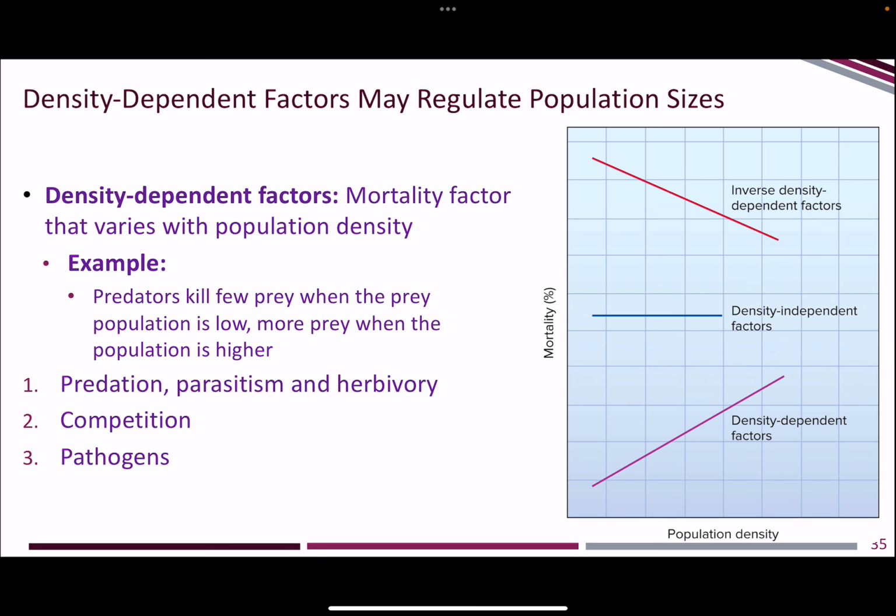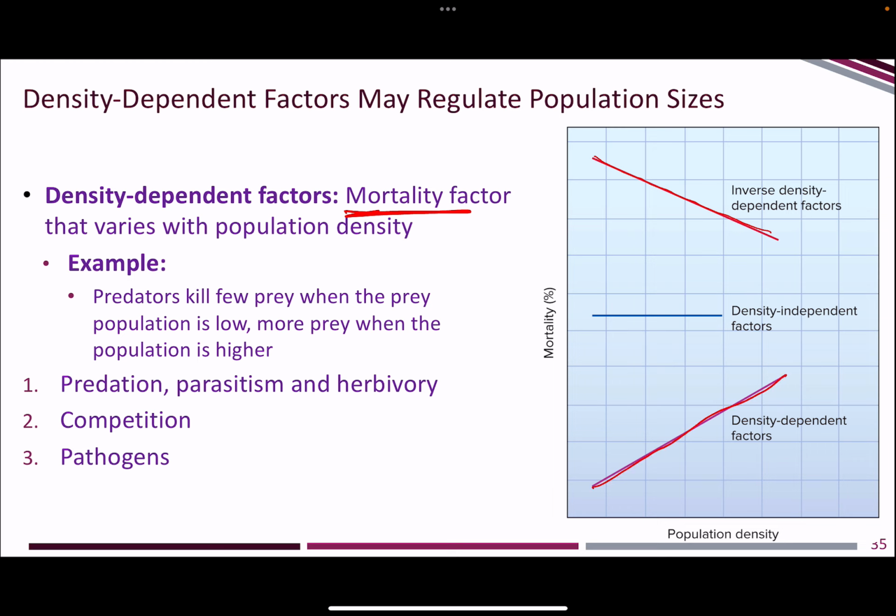Then we have density dependent factors. These are generally going to be your living factors, your biotic components to the community. And with a density dependent factor, your mortality factor changes depending on the population density. So the effect of that factor is going to change depending on whether there's a small number of individuals or a large number of individuals. And so our other 2 graphs here, we've got the red line going down, the purple line going up.